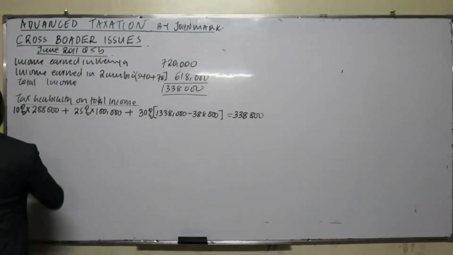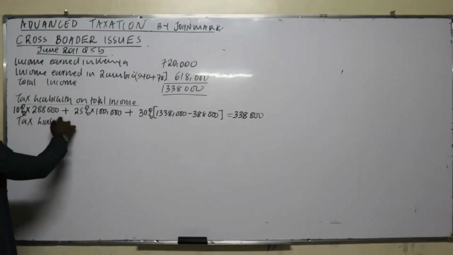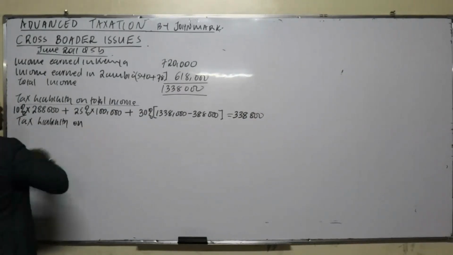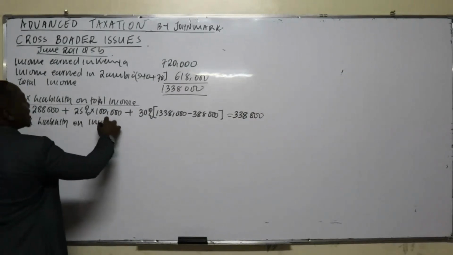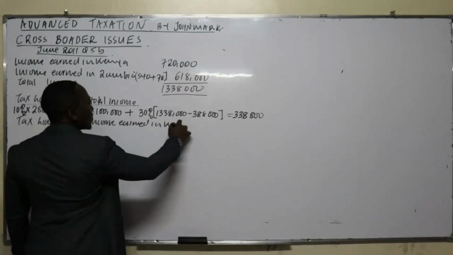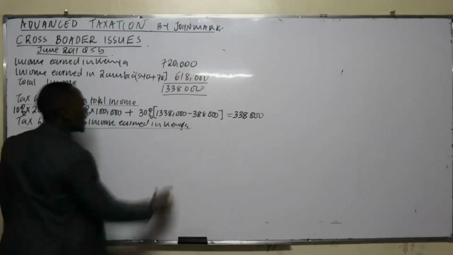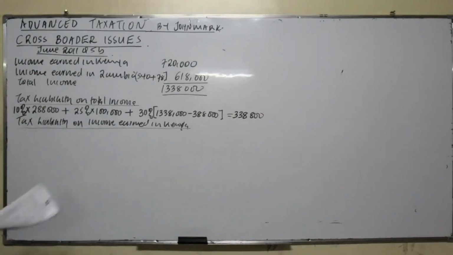Then the other step, I hope you are writing. You determine the tax liability on income earned in Kenya. Now we assess Kenyan income separately. Use the same process.